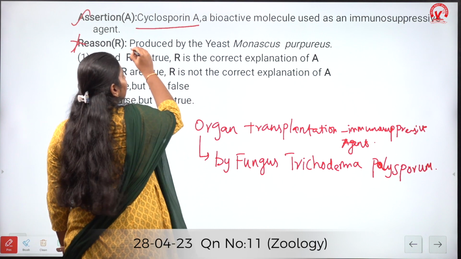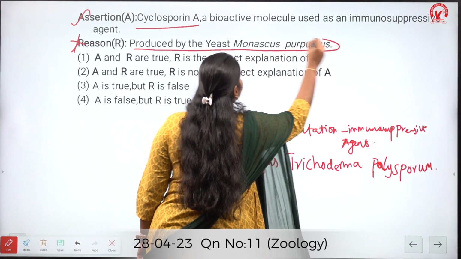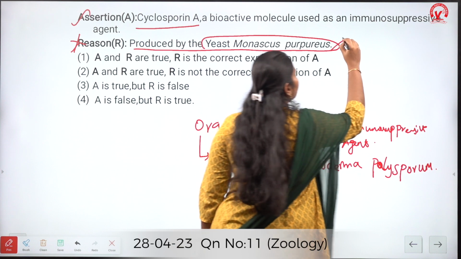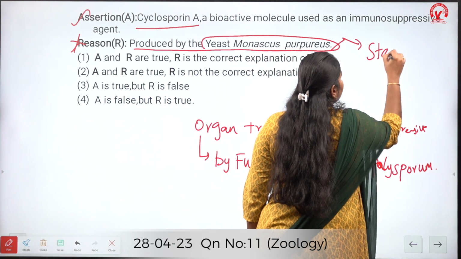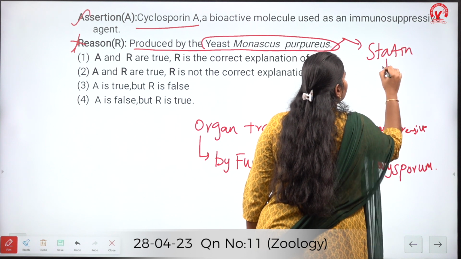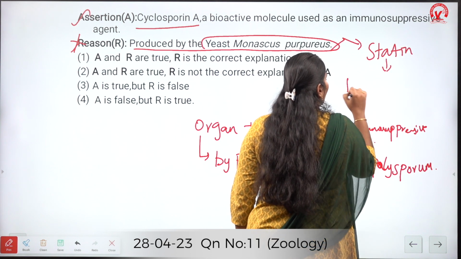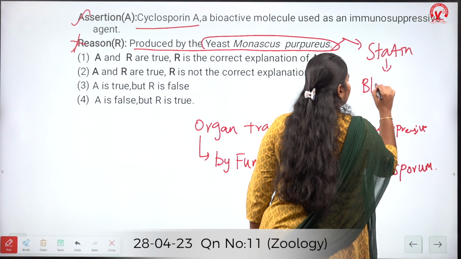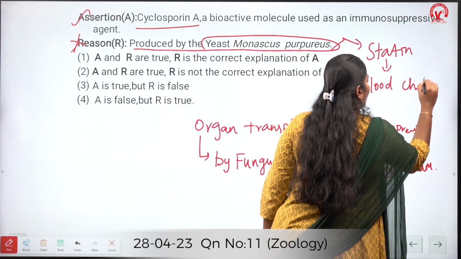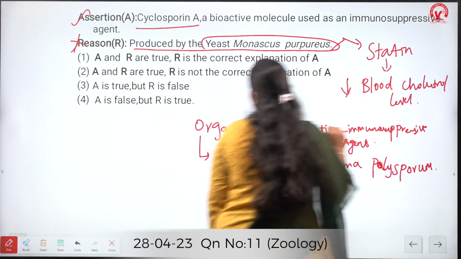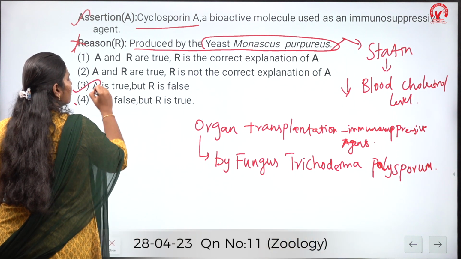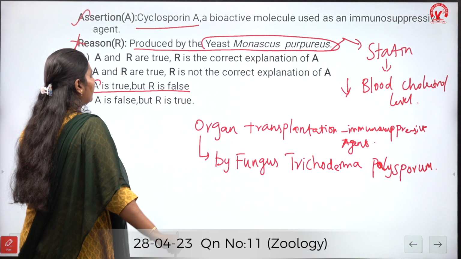And also this yeast Monascus purpureus is usually used for producing the bioactive molecule called statin, and this statin is used for lowering the blood cholesterol level. So the correct option is A is true but R is false.